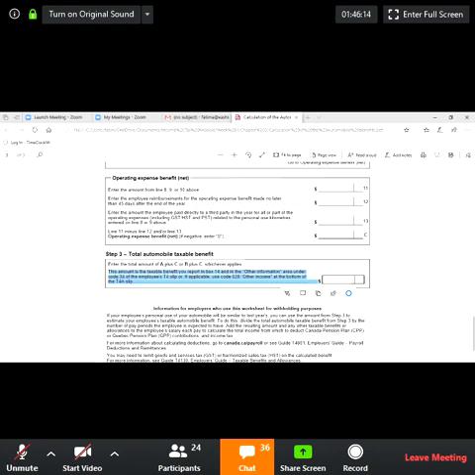For example, if the childcare amount is $300 for a particular period and the employer says we will get you in for $150, then the balance of $150 will be the taxable benefit. It will be added to your income and reported as a taxable benefit in your T4. So that's the childcare benefit they provided to you.